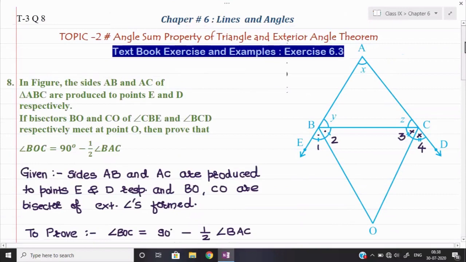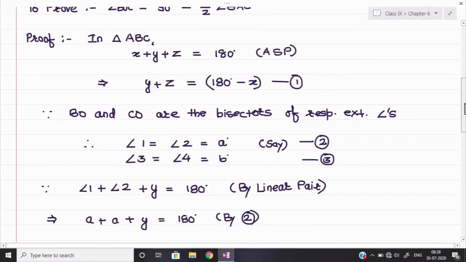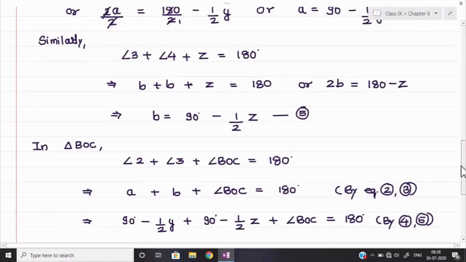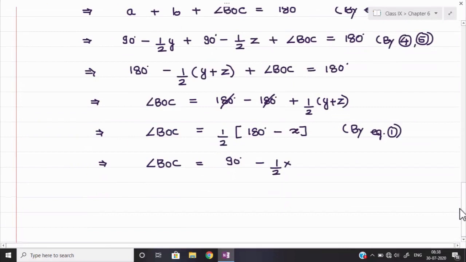Okay, can we say that x is the value of angle BAC or angle A? If we take the full name, that is the value of angle BAC. So in place of x here we shall keep angle BAC, and that is only required to be proved in the question. So here I will write down angle BAC, and this is required as a solution. Okay, hence proved. So this completes the whole question.